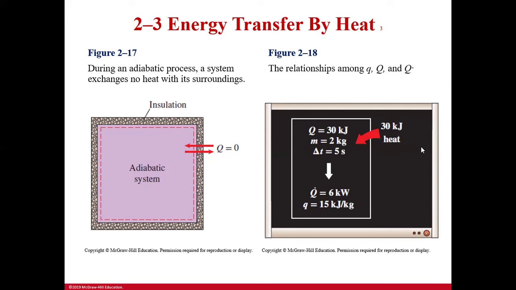How do they get it? 30 kilojoule divided by 5 second is 6 kilojoule per second, or kilowatt. And q is 15 kilojoule per kilogram. q is the specific heat, or change in heat per unit mass. So it is 30 kilojoule divided by 2 kilogram, which is 15 kilojoule per kilogram.